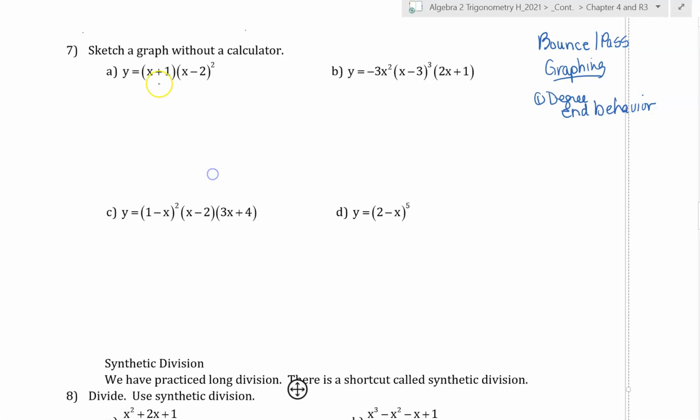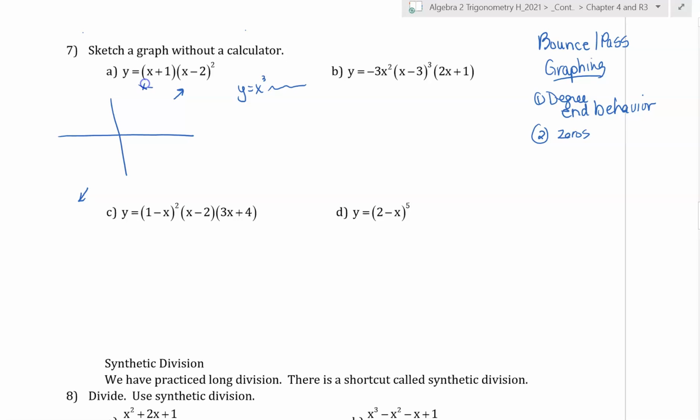So for number 1, if I multiply this out, which I certainly would not want to do, I would end up with y equals x cubed and then a bunch of other things. So notice this is x to the 1, this is x squared. Since the degree is 3 and it's positive x cubed, not reflected over the x-axis, I know that the ends of my graph go in opposite directions. They look like this.